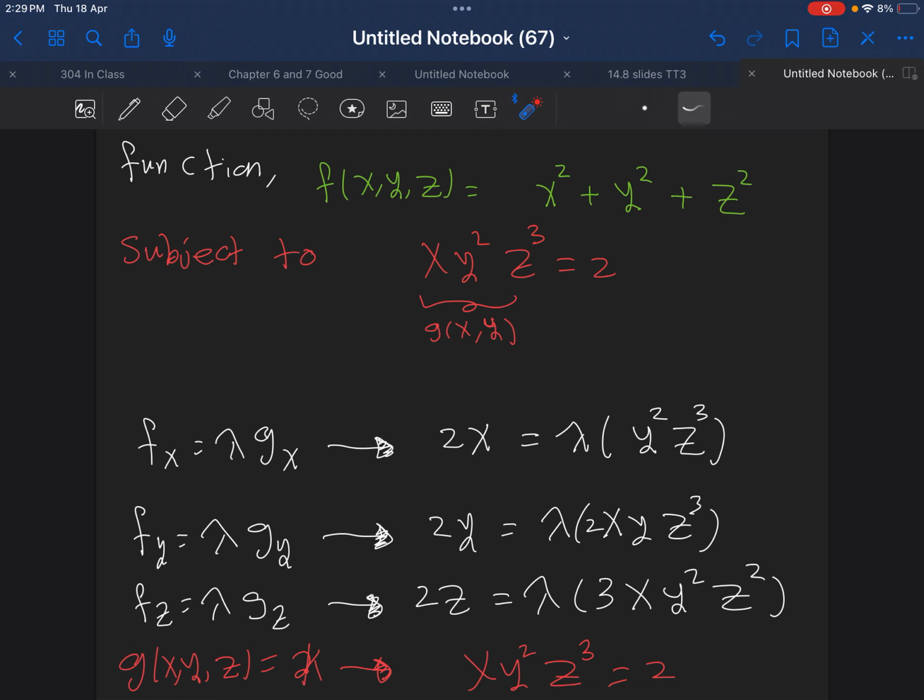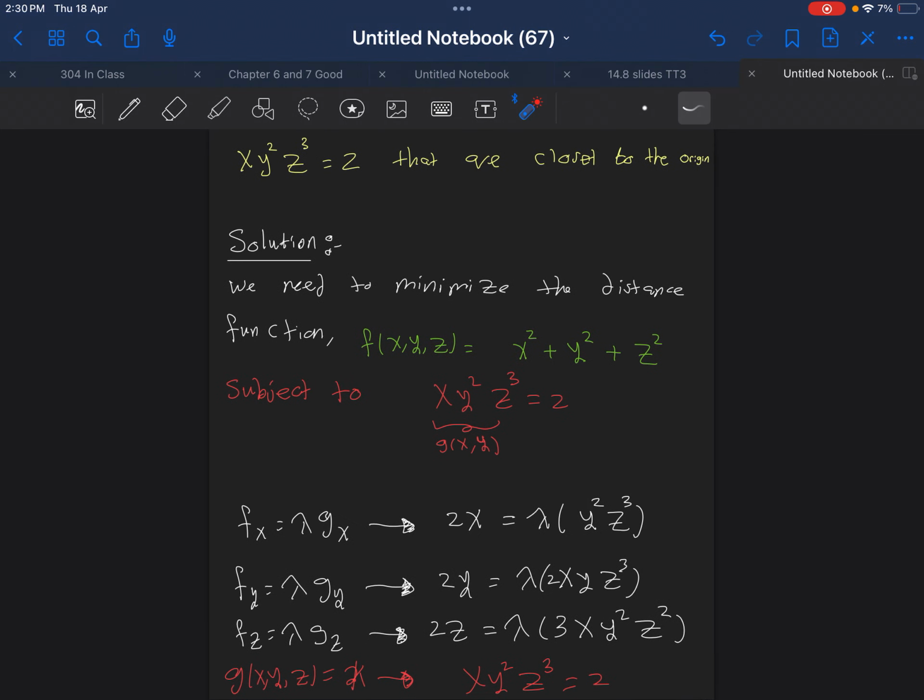Or what we will get is, of course, the 2 and 2 will cancel, and we will get that lambda x z cubed equals 0. So we'll have many cases: either y is 0, x is 0, z is 0, or lambda is 0. And once we start from that, we can also finalize the matter here. I will leave it for you to try by yourself, and if you can, please write your answer in the comments.